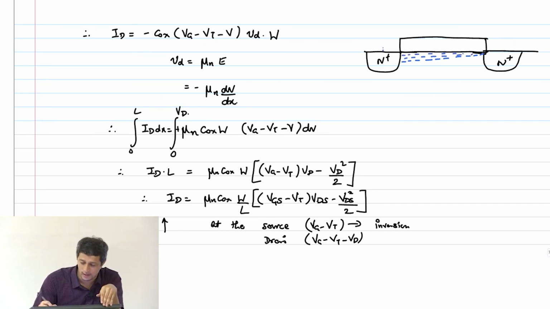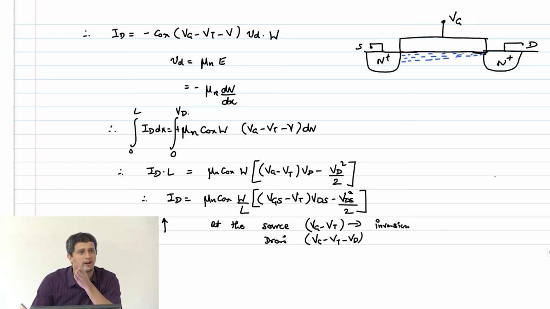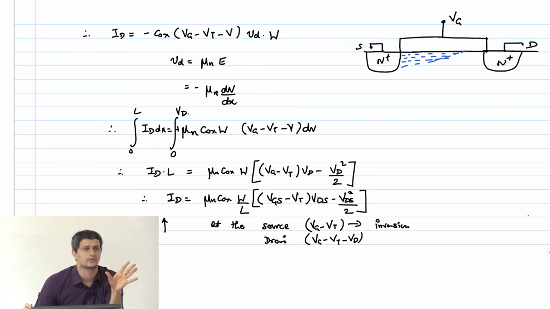At the source end, it's going to be higher because it's just Vg minus Vt there. But at the drain end, it can sort of pinch off beyond a point, and if I continue this process, it will just pinch off like this. This is a very crude picture, but effectively the point is that the current just saturates.